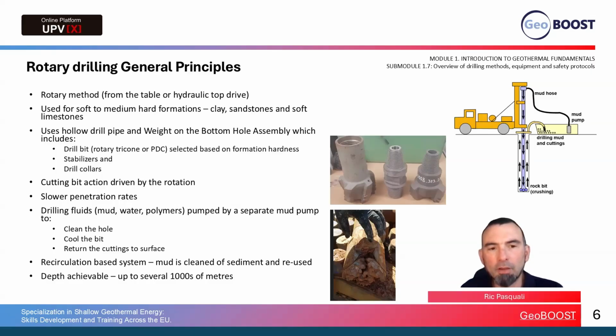The rotary drilling methods generally break up the subsurface by a cutting bit action, and that cutting bit action is driven by the rotation on the surface, but more importantly, it is actually dependent on the weight that has been put on the bit from the surface. So it's a sort of a cutting and ripping rotating motion.